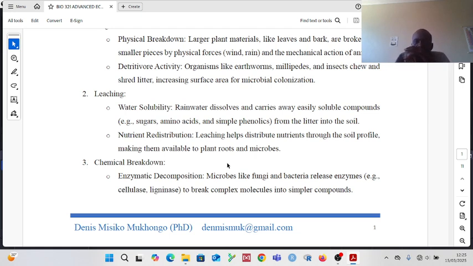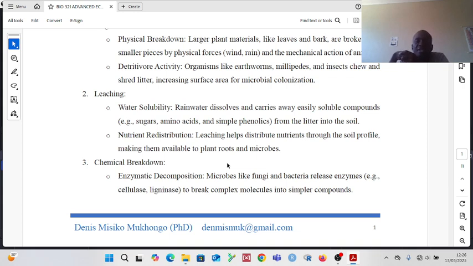So leaching helps in nutrient redistribution. Through the soil profile, the nutrients will be moved, will be redistributed. What was found in one layer will be moved to a different layer because the water is dissolving that nutrient and moving it to a different layer.